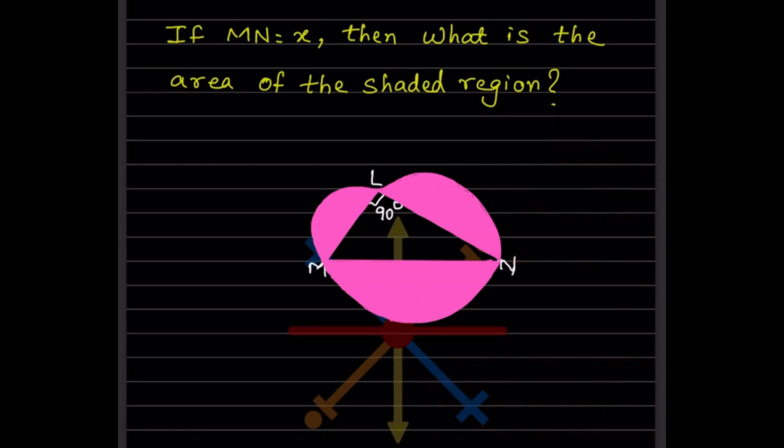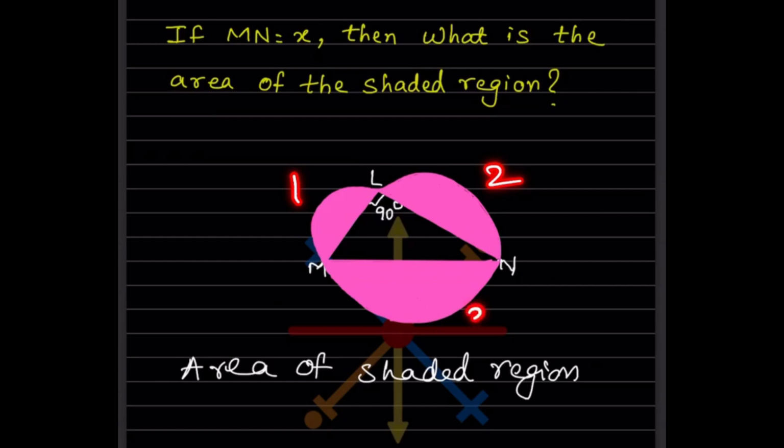So now let us see how to solve this one. Now we will find out the area of the shaded region. You know these three are semicircles, because you can see here, this one is for LM, this is for LN, and this is for MN.